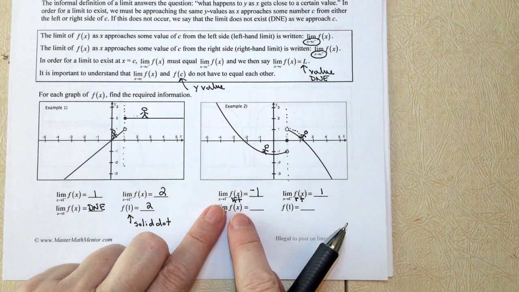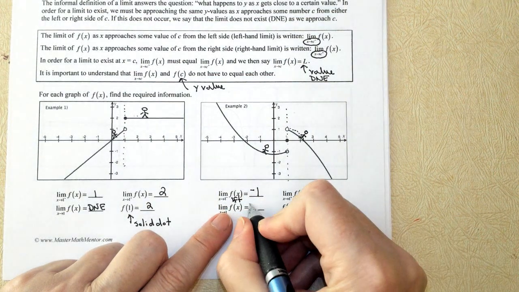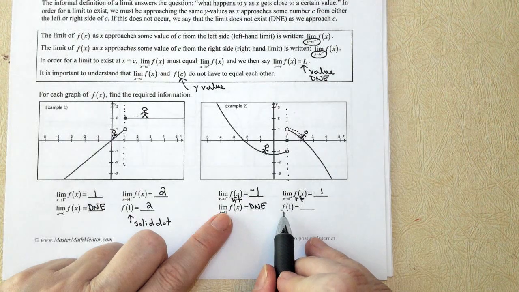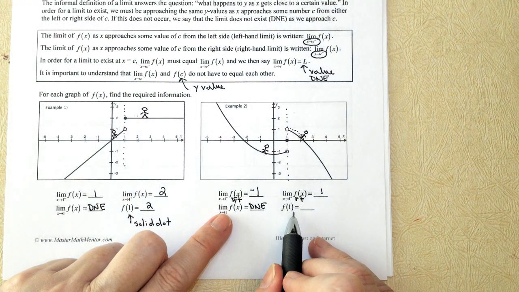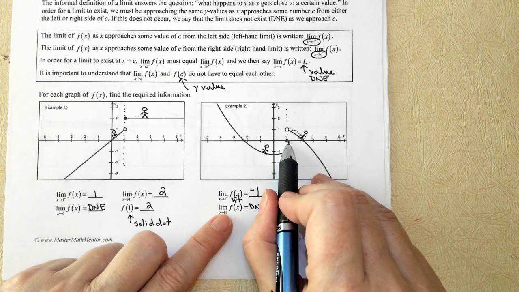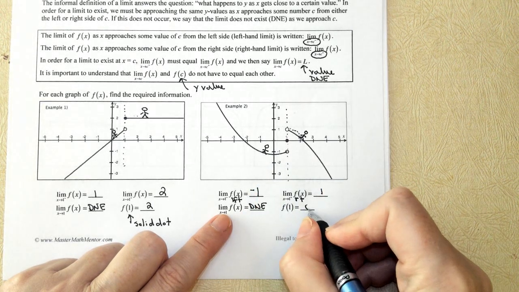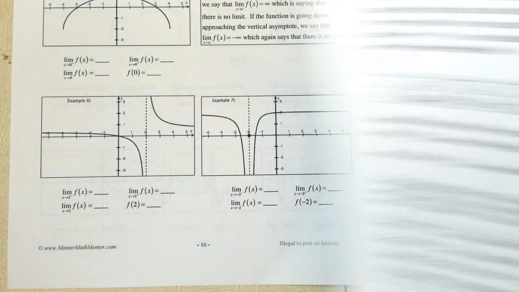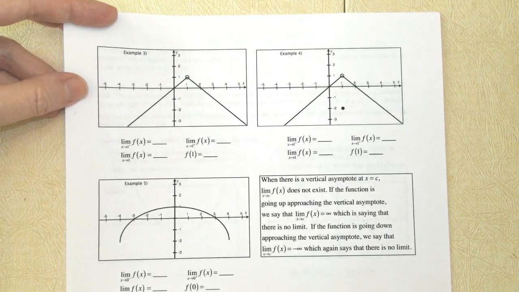Well, again, these two numbers don't equal each other, so this does not exist. But the value of 1 is the y value. So at 1, what's the y? Well, it's 0. Now, when all of them have to equal each other, that's going to be continuity, and we're going to talk about that later. But right now, we're just talking about limits and comparing what happens at the left and the right. So let's move on. Example 3.